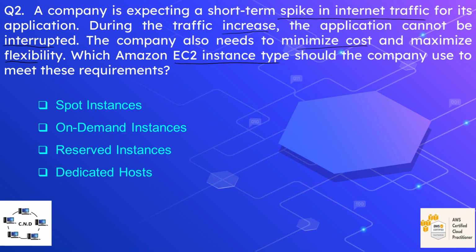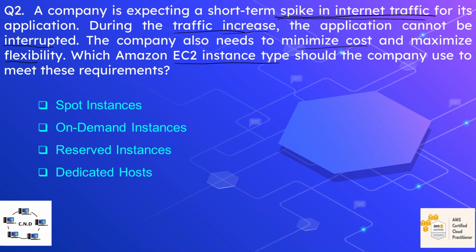In this specific question, we see that there will be a short-term spike in the traffic, and we want the application not to be interrupted during the traffic increase. What this means is that when the traffic increases, the capacity of the instance should also increase and the application should not be interrupted.